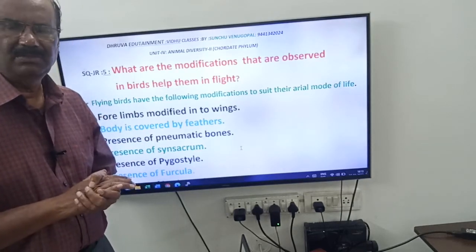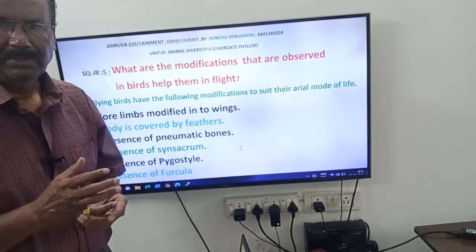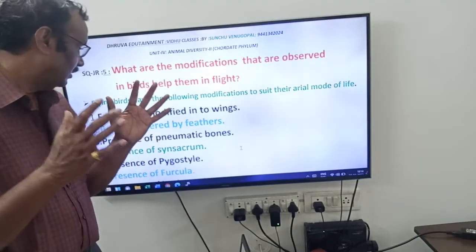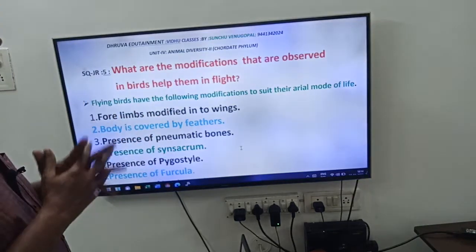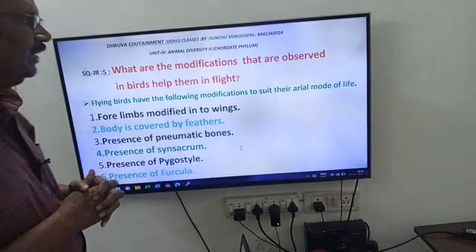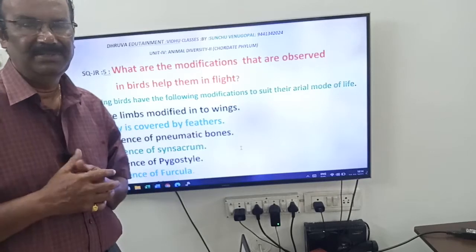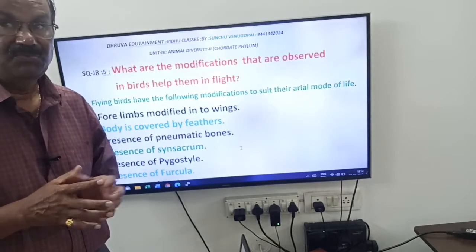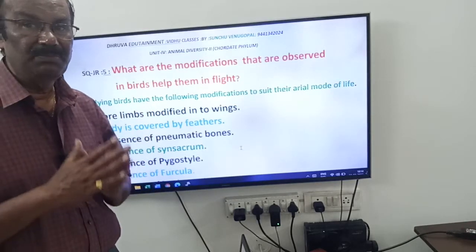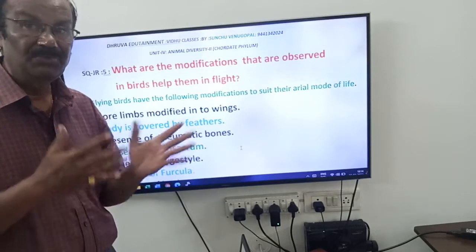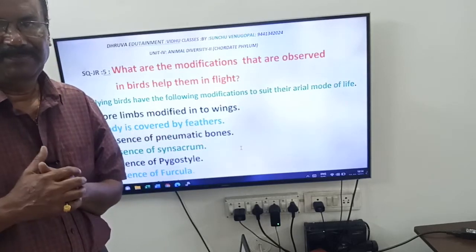Okay, friends, flying birds have the following modifications to suit their aerial mode of life. See, friends, flying birds only. Birds are of two types, flying birds and flightless birds.